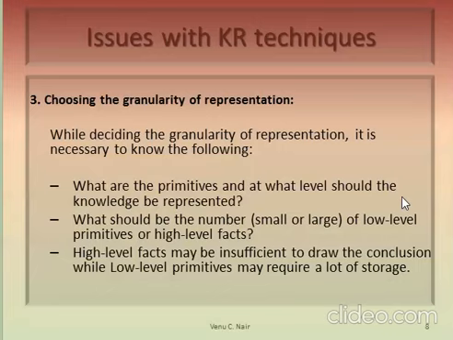Then the number of facts will be more in number, which affects the storage. It requires lot of storage. Whenever we are having so many number of facts, we can have good decision, but it requires lot of storage space. But if we are keeping this very large, then the number of facts will be less in number. Then it may be insufficient to make out some conclusions. So we have to make some average between these two, and this is known as granularity.